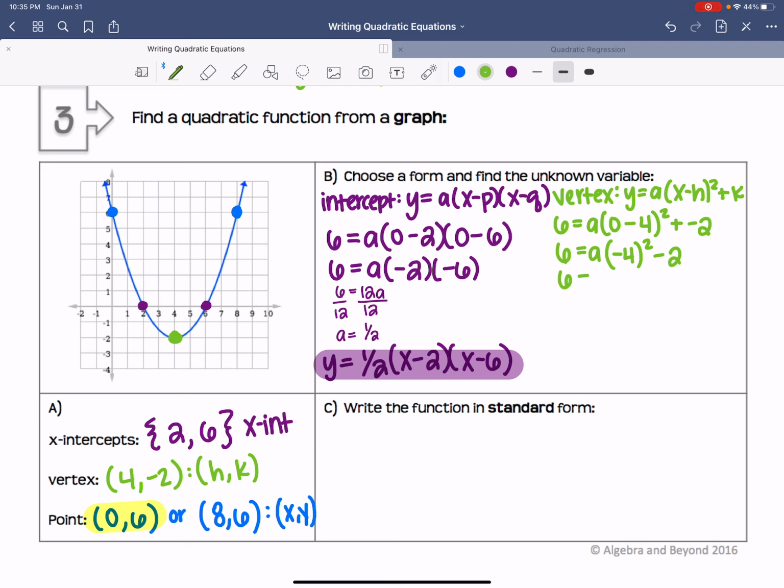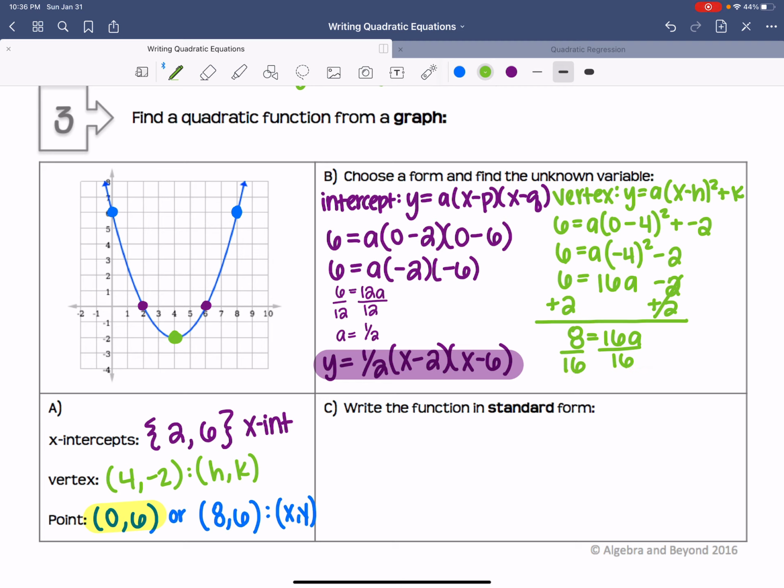So that gives us 6 equals a times 16 minus 2. All right, so I'm going to go ahead and rewrite this as 16a. All right, now we're going to add 2 on both sides. So we get 8 equals 16a, and divide by 16.